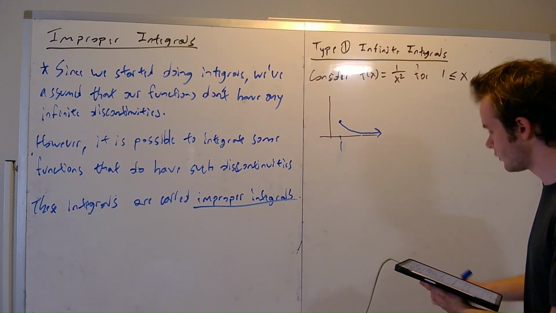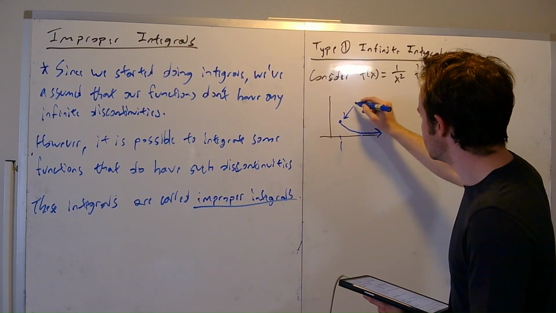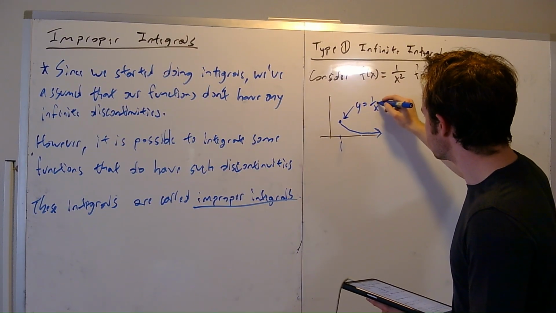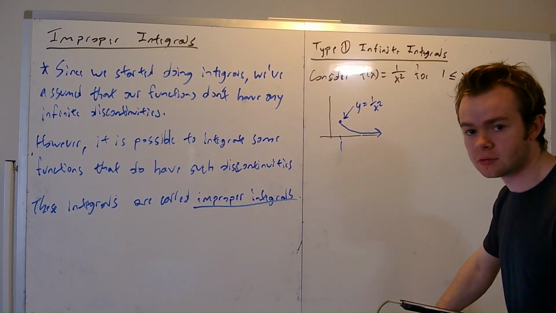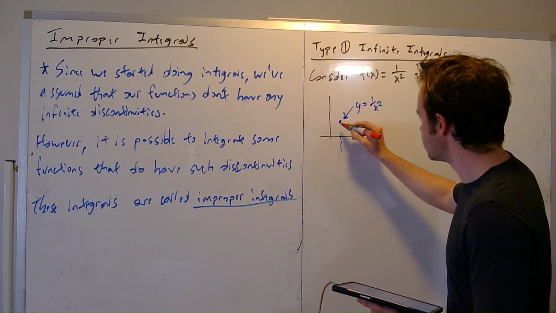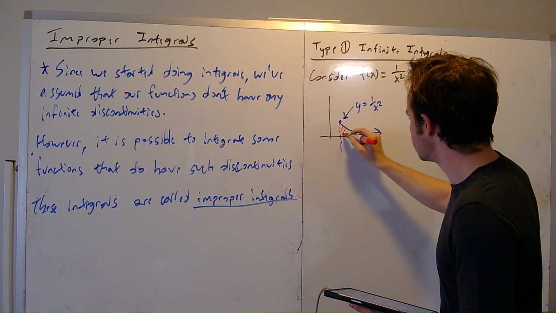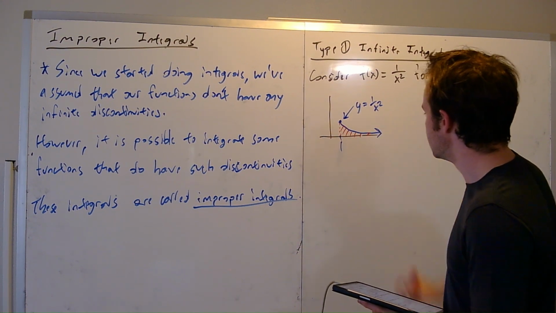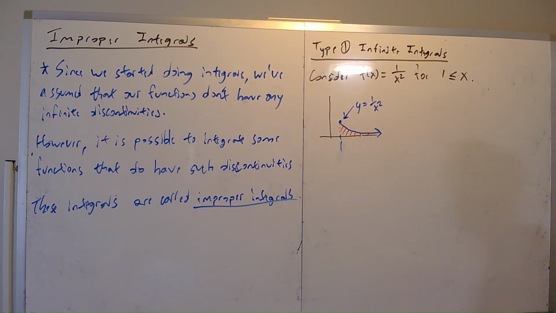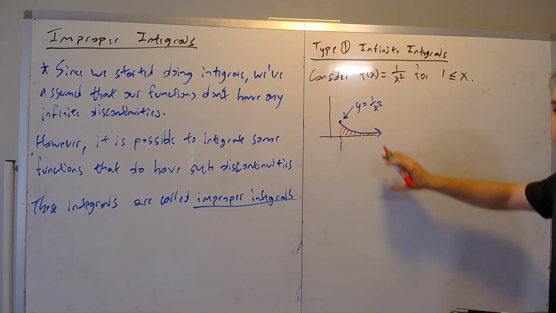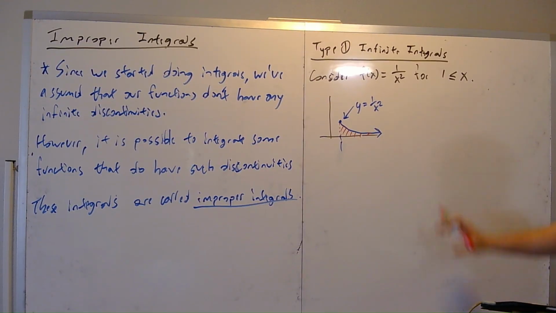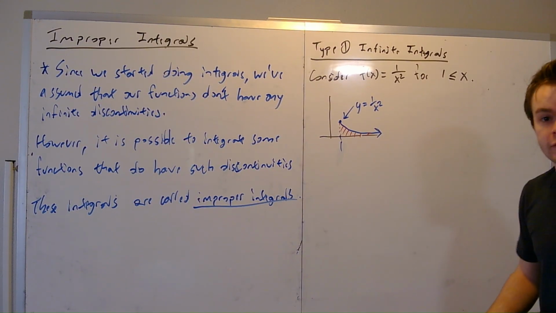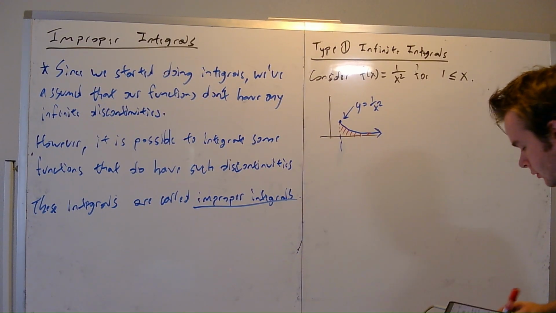And let's say here, this is the function y equals 1 over x squared. And whenever we're calculating the integral, remember the integral is the area under the function. So it's this area here under the function. And we're asking what the area under this function is. So it looks like it might be infinite, because it goes off infinitely in that direction. But we have to check whether that's actually the answer.